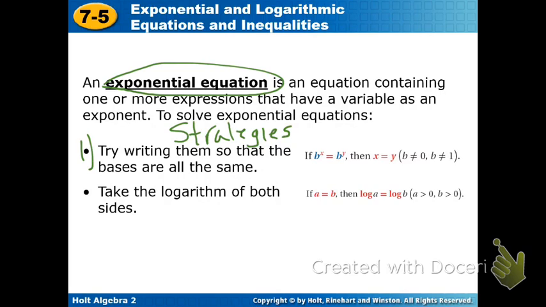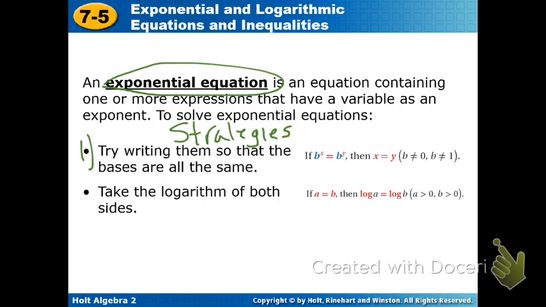If we have an exponential equation where we have our variable as the exponent, if on the left-hand side and on the right-hand side we have bases that are exactly the same, they will cancel each other out, and all you will have left are the powers.